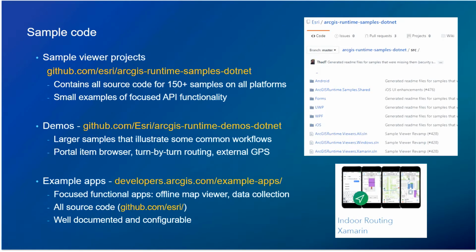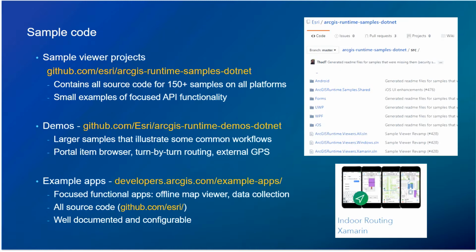The sample code, so I talked about the sample code being available within the developer's website on a tab as a representation of that, but you can actually access the real sample code within individual GitHub repos. The example there, the URL is specifically for .NET, but all the other SDKs follow the same pattern. So they're all within the Esri organization on GitHub, and then they follow the pattern ArcGIS Runtime samples, and then the API level.